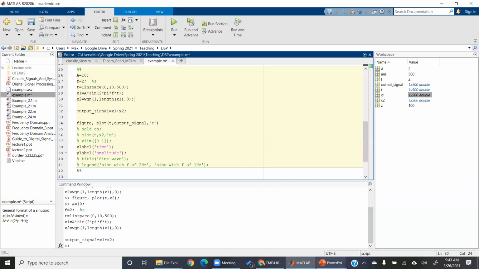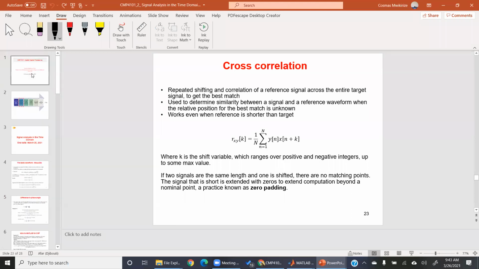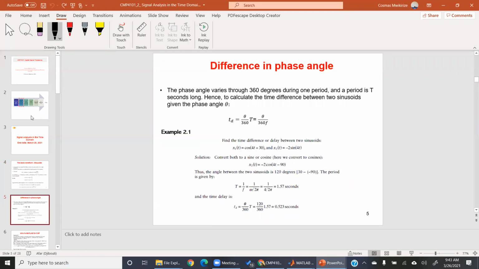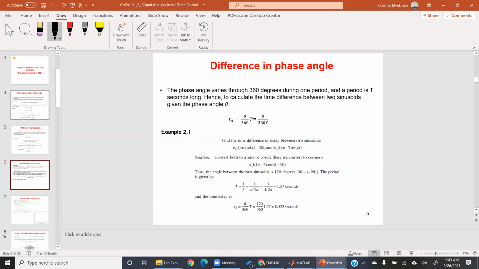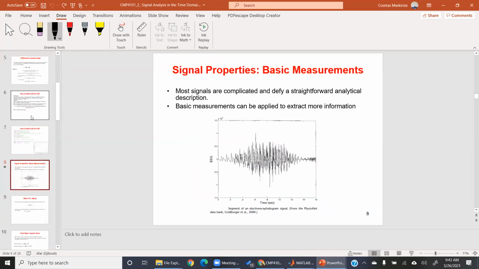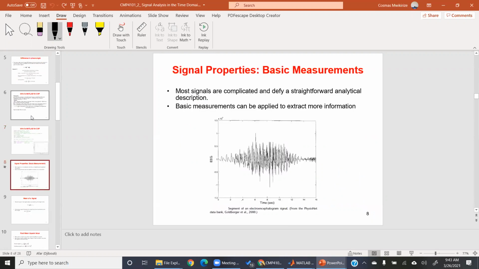Okay, now if you go to your lecture slides, these are very simple things to understand. If at any one point you feel that you haven't understood anything, you can always raise it when we meet in this introduction to Matlab. Some signals are not as clean as a sine wave, so you will not look at the signal and totally understand it.